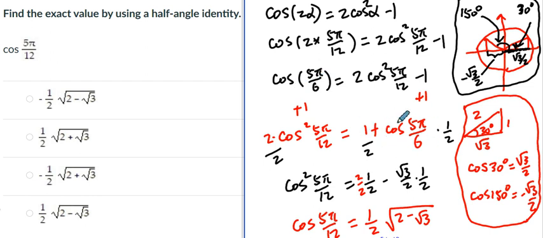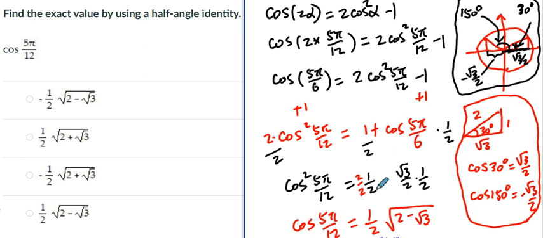Again, you want to isolate cosine 5 pi over 12 squared, so divide everything by 2. Then the left hand side is cosine 5 pi over 12 squared.